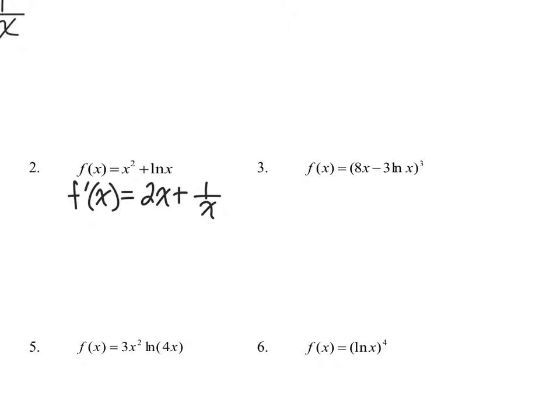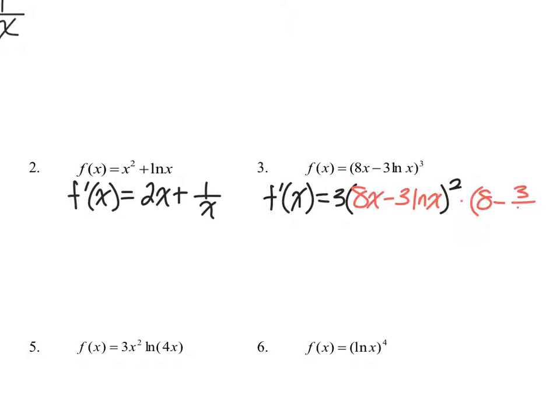So f prime of x would be equal to, so something to the third becomes 3 times the something to the second power. And then we multiply by the derivative of the something. So 8x becomes 8. 3 ln of x becomes what? 3 over x.